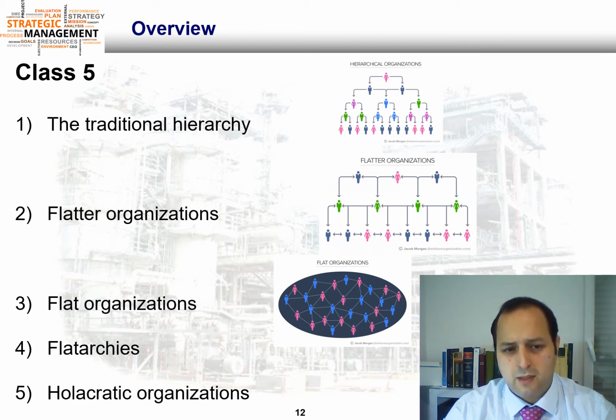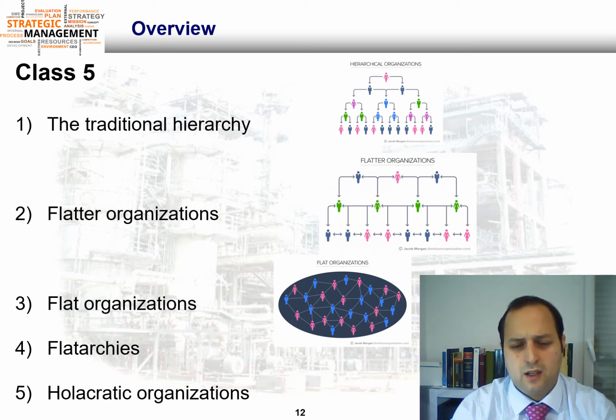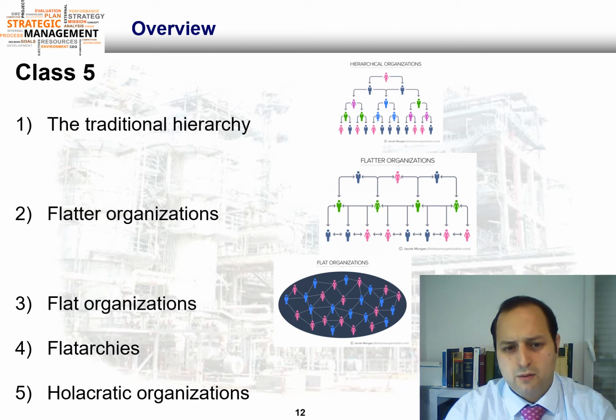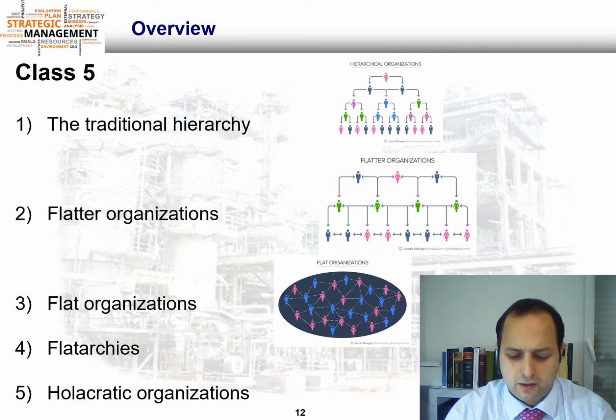I would say that it makes sense for linear work, but not in those companies in which brain power is required. Then we had the flatter organizations, in which there are more open structures and several lines of communication and collaboration. And I would say that this is the model that all companies are trying to achieve.